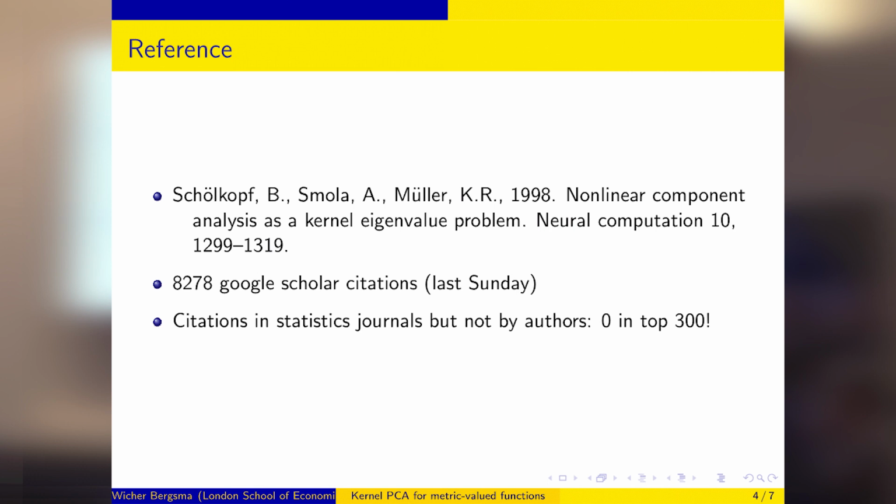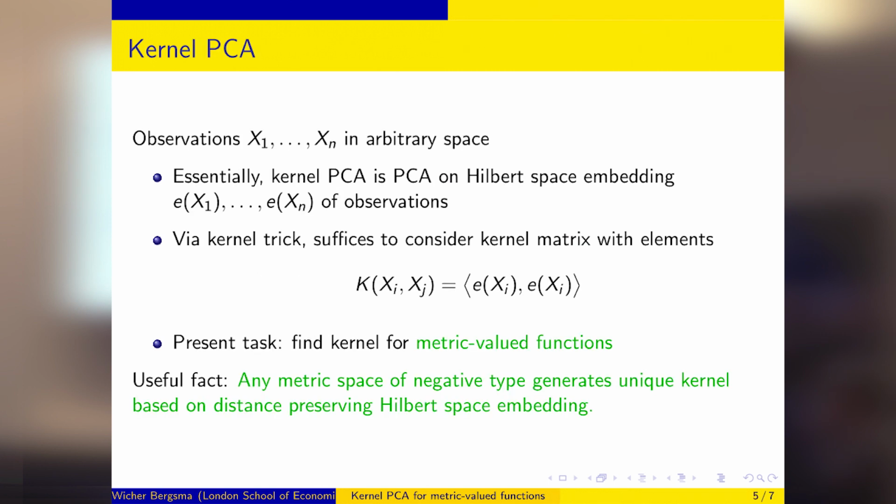Okay, so it's very well cited. I just wanted to make the point it's almost not cited at all by statisticians, only 0 in the top 300. So let me say a little bit about kernel PCA. We have observations x1 to xn in an arbitrary space.